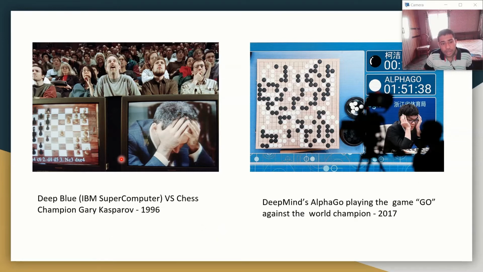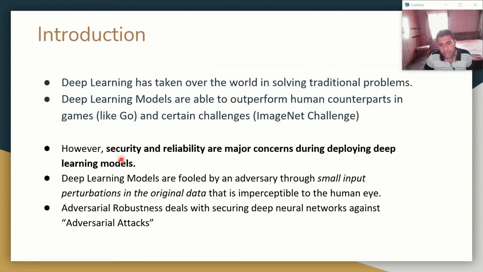And also deep neural networks and AI technology in general have become so efficient that they are able to defeat human experts in games like chess and Go, which is really very impressive. So having said that, now we know that deep neural networks have been able to outperform their human counterparts in various challenges and games like Go and the ImageNet challenge.